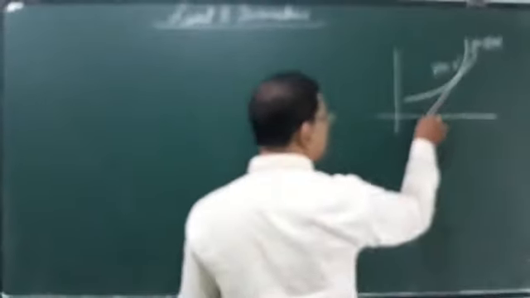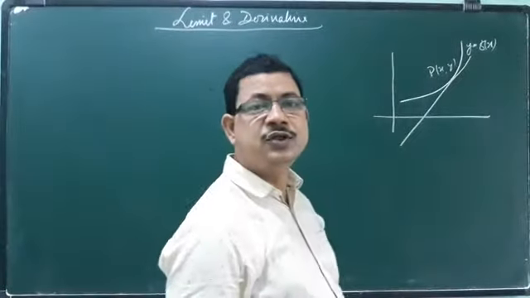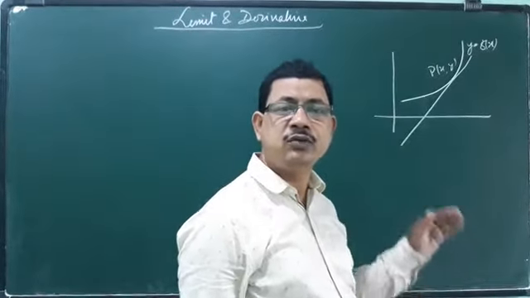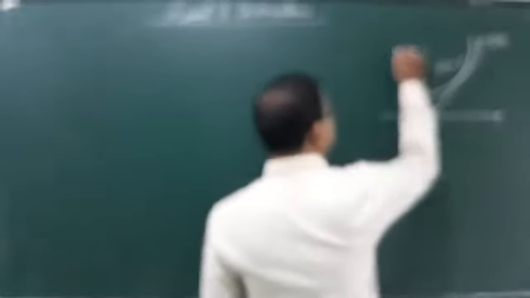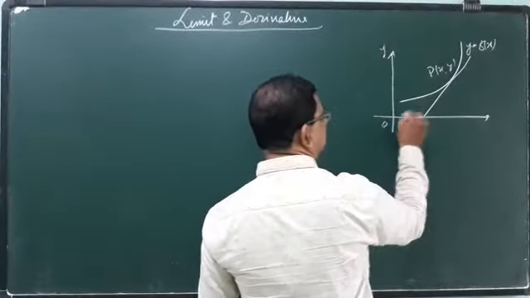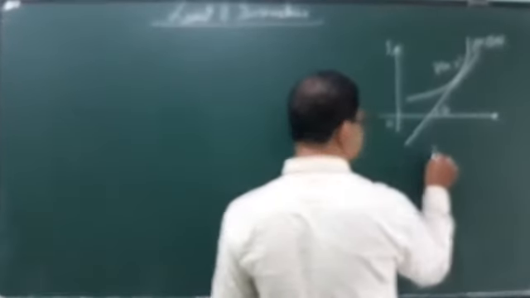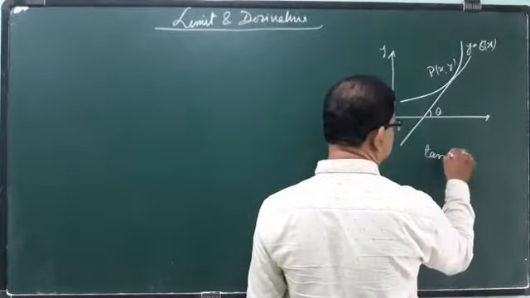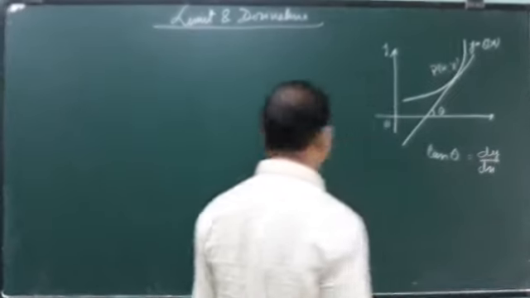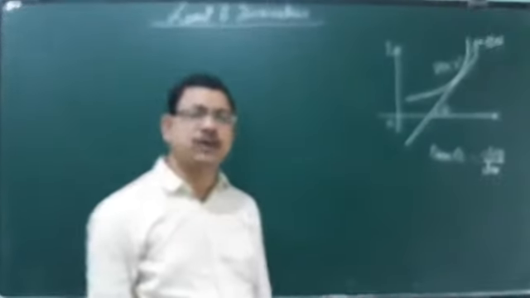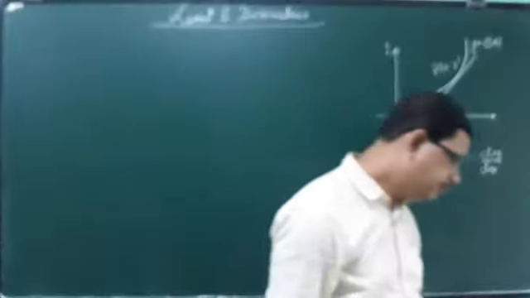If we draw a geometrical tangent, a line which just touches the curve at a single point, then it makes some angle with the x-axis. That trigonometrical tangent is our derivative at that point. So this is our dy/dx. That we have done.